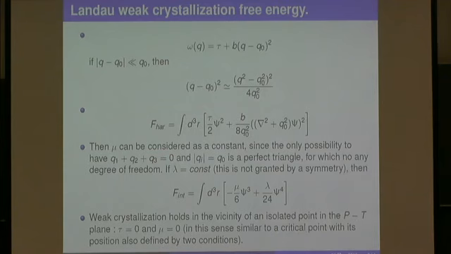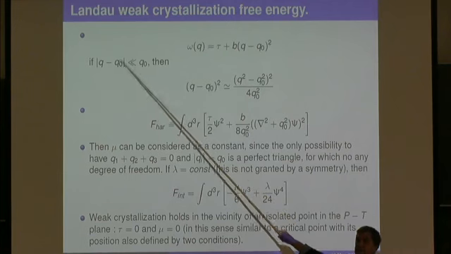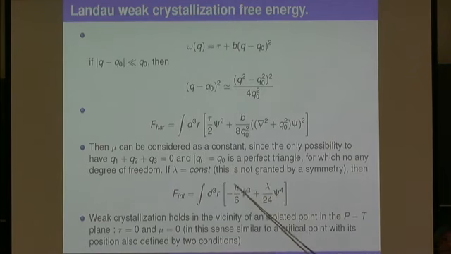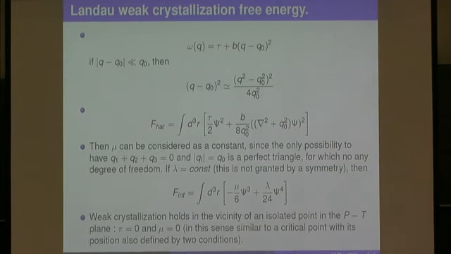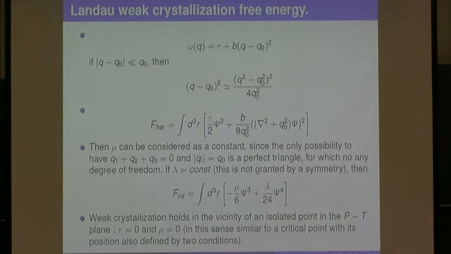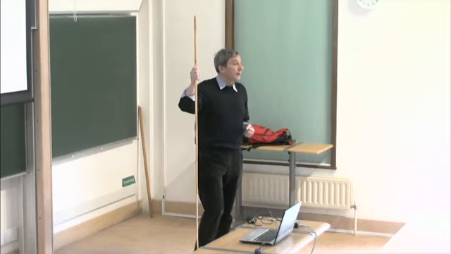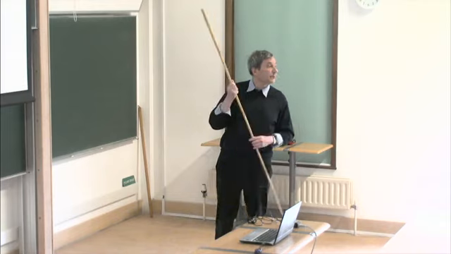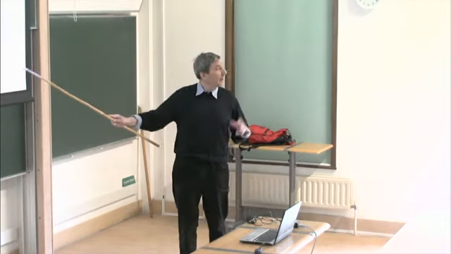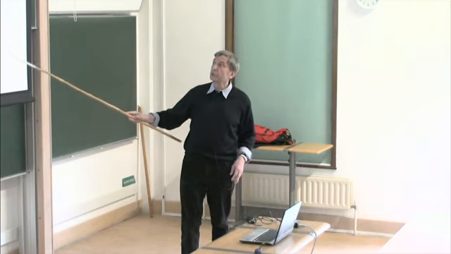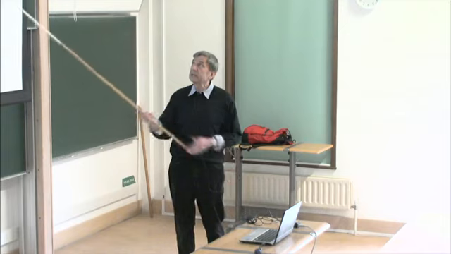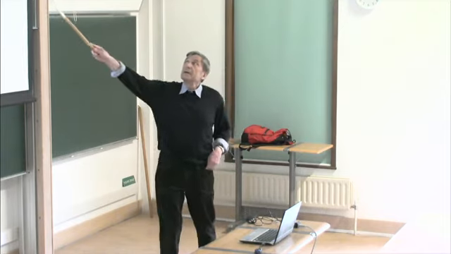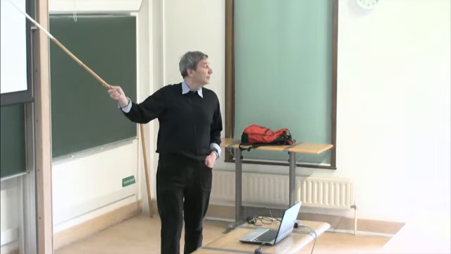It turns out, and I skip this, it's quite an easy argument, that mu, assuming weak crystallization is granted, is just a constant. Lambda, in principle, could depend on two angular variables in 3 dimensions, or on one angle in 2 dimensions. Just for simplicity, I neglect the angular dependence of lambda. For my purposes, it's not relevant at all. So I consider mu and lambda as constants, and only the quadratic term is Q-dependent.